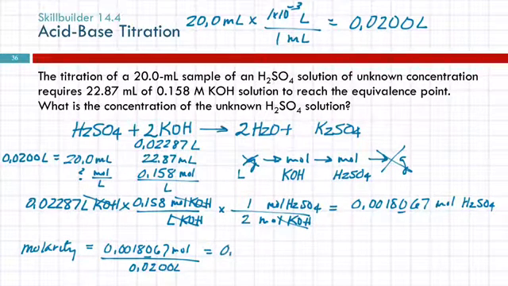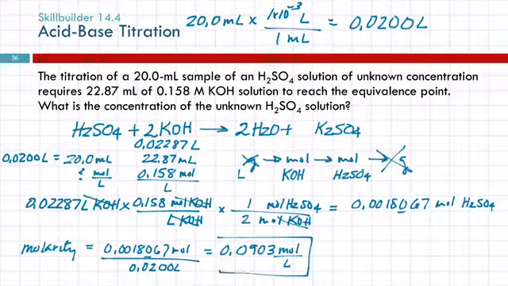And I'm going to end up with, this is a final answer, so I'm going to round to 3 sig figs. My first one is 9 and 0, and the next one's 3 moles per liter. And that's the concentration of the H2SO4. Any questions?